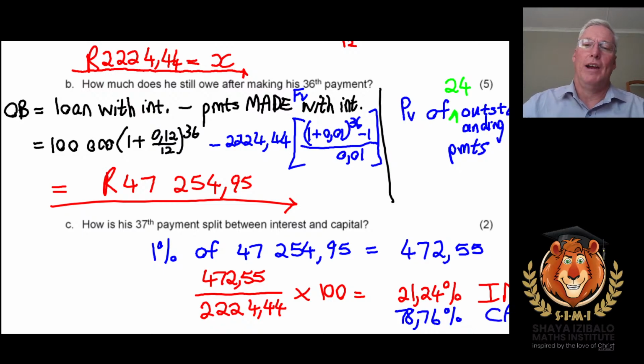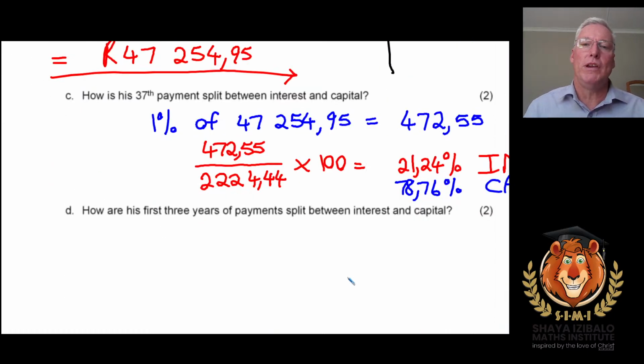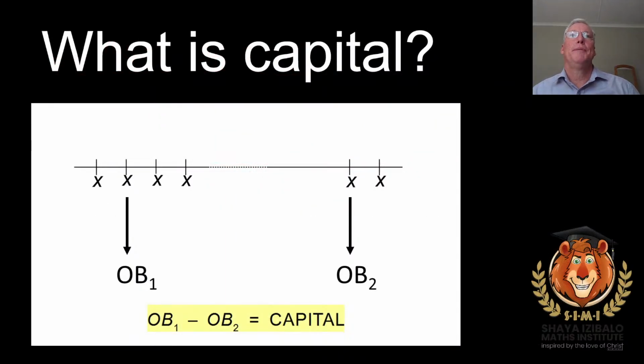Okay, right. Now, how are his first 3 years of payments split between interest and capital? Again, I'm going to show you this little schematic here. All right. So initially, his outstanding balance was 100,000. That was at the beginning. Now his outstanding balance is 47,254.95.